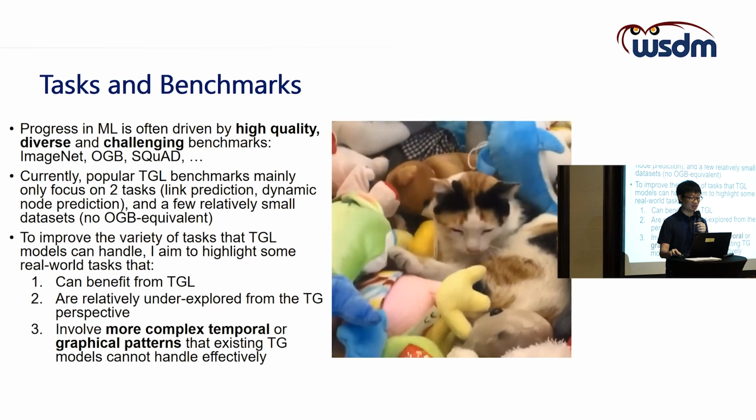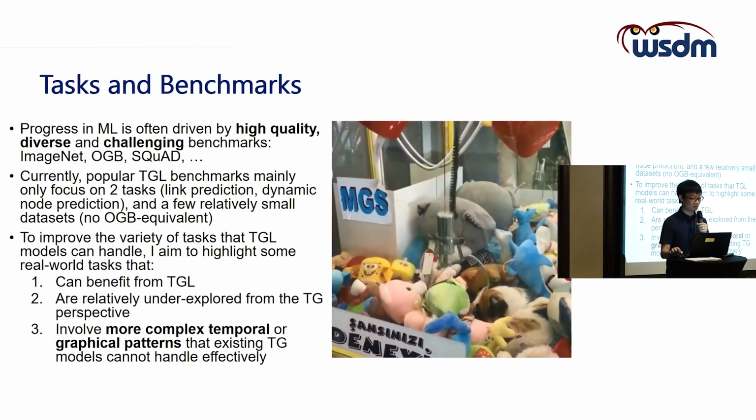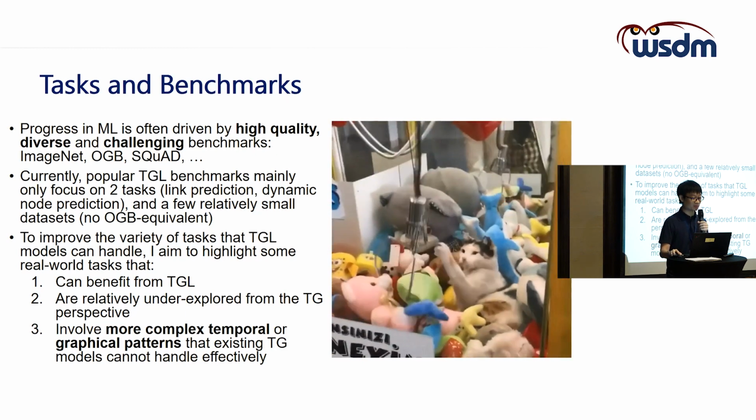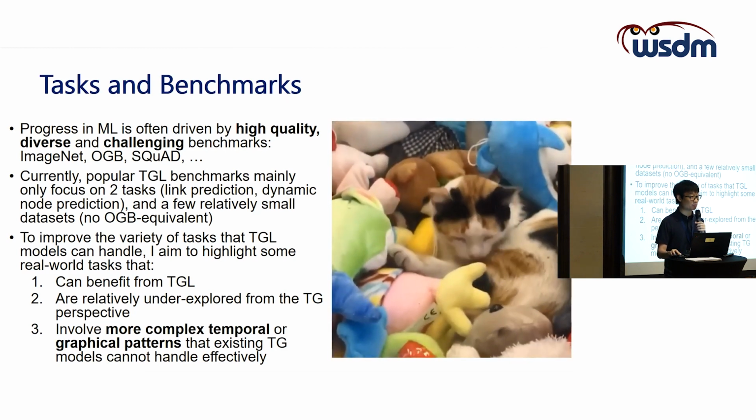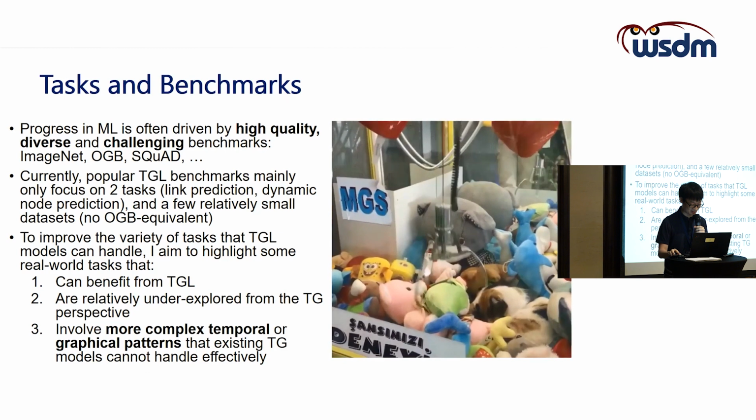So how can we design new benchmarks? Firstly, we would like to have some real world tasks that can benefit from temporal graph learning. And we would like to focus on tasks which are less well explored from the temporal graph learning perspective.